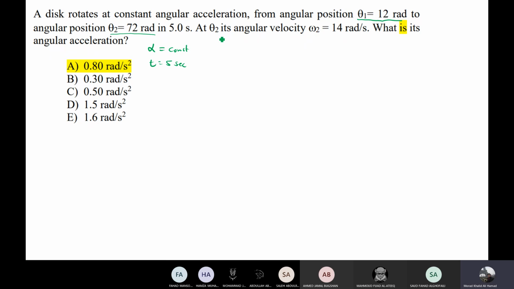At theta 2, its angular velocity, omega 2, is equal to 14 rad per second. What is its angular acceleration? He is looking for the angular acceleration. Okay, guys? Here we have t, we have theta 1, we have theta 2, and we have omega 2.